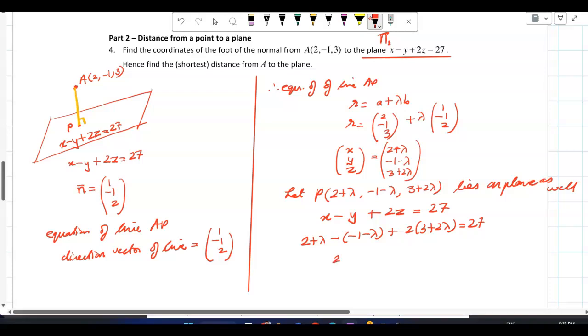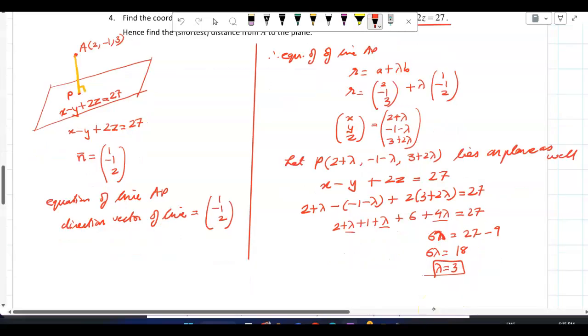So 2 plus lambda plus 1 plus lambda plus 6 plus 4 lambda is equal to 27. So 6 lambda plus 9 is equal to 27, so 6 lambda is equal to 18. So lambda is 3.